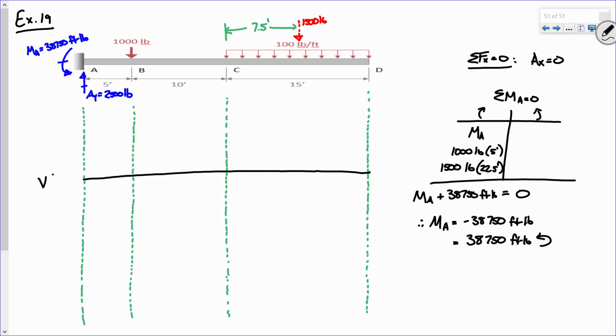First thing, shear diagram. How are we doing on time? Doing good.